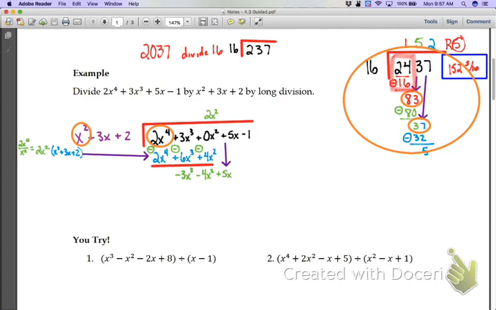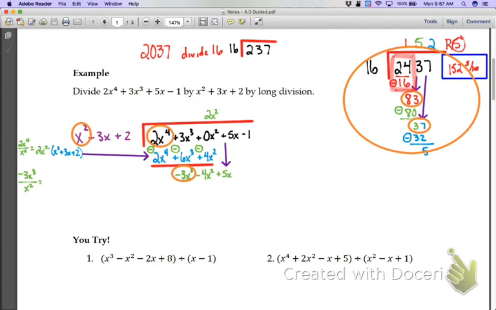I have a new lead value. So now I'm going to take that negative 3x to the third and divide it by x squared. Whatever my new lead is, I just divide it by whatever the lead is out front.